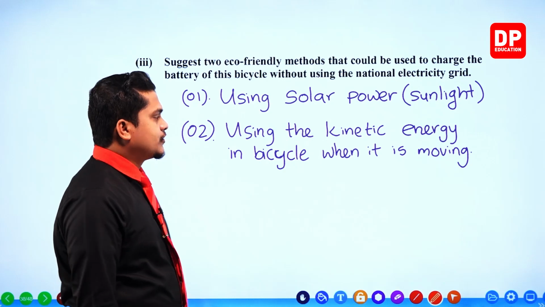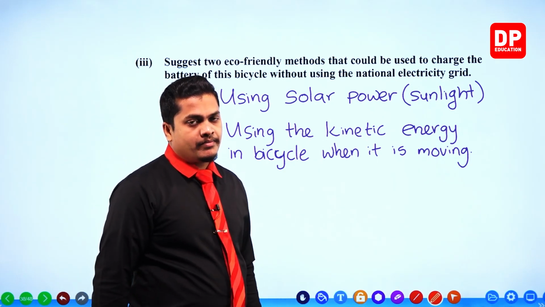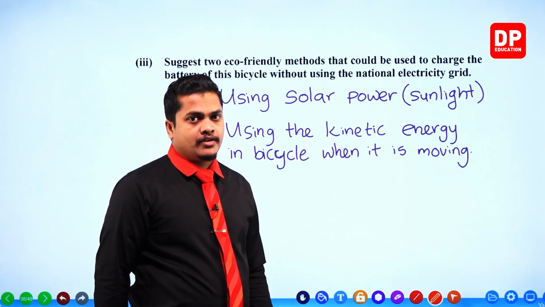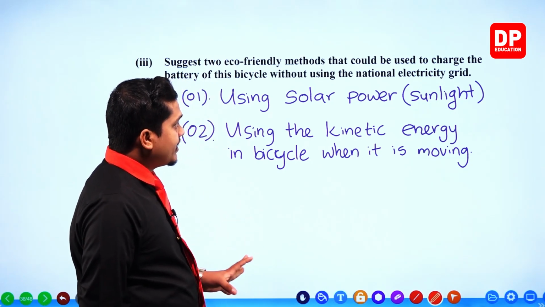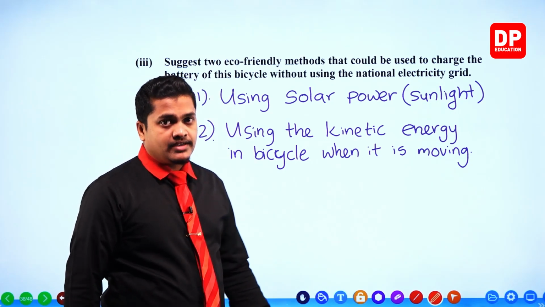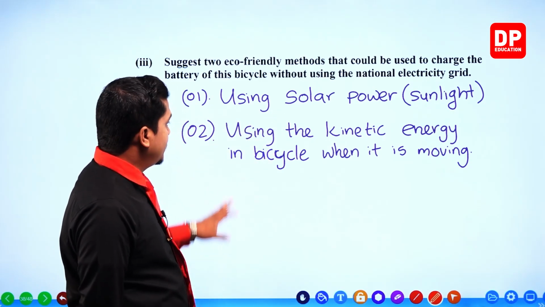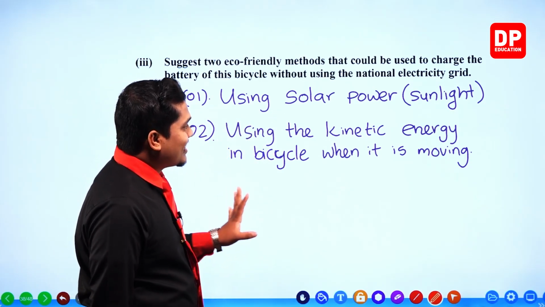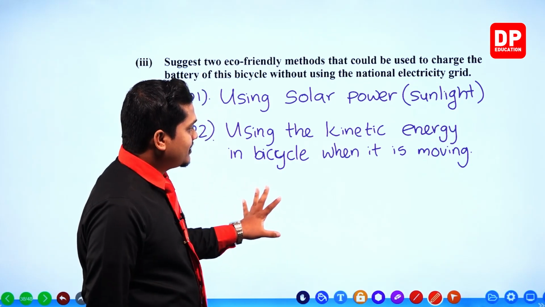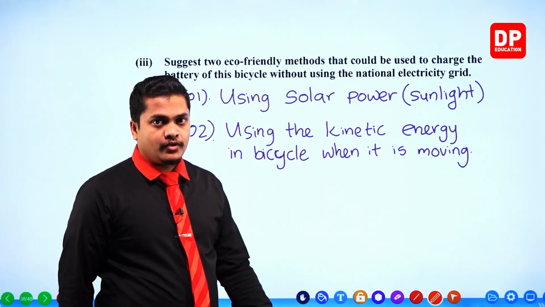Right. So these are two proper methods, or two best methods, to recharge the battery in the bicycle. We can use solar power or sunlight, or else we can use the kinetic energy in the bicycle when it is moving.